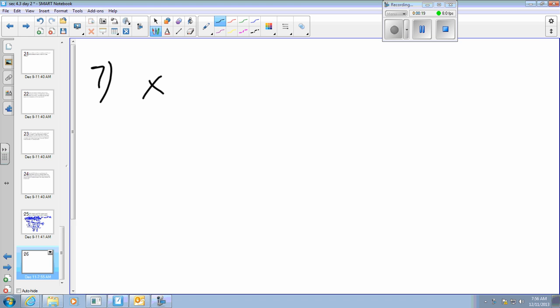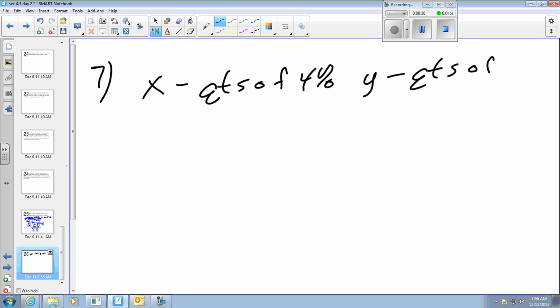So I'm going to say x is the number of quarts of 4% buttermilk, and y is the number of quarts of 1% buttermilk. My first equation, because we're going to have 60 quarts total, is the number of quarts of 4% plus the number of quarts of 1% has to equal 60 quarts.